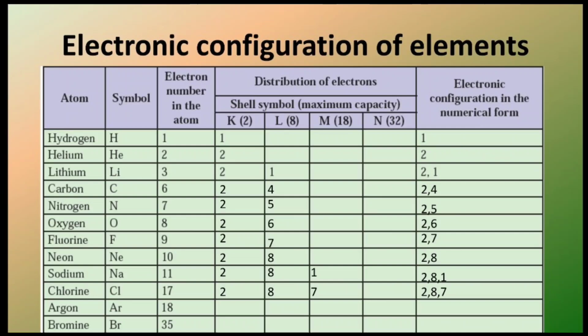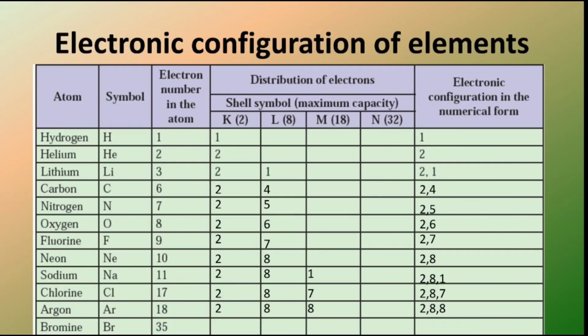So electronic configuration is 2, 8, 7. Look towards argon carefully. 18 electrons are present in it. So 2 electrons in K shell, then 8 electrons in L shell and 8 electrons in the M shell. So electronic configuration is 2, 8, 8.